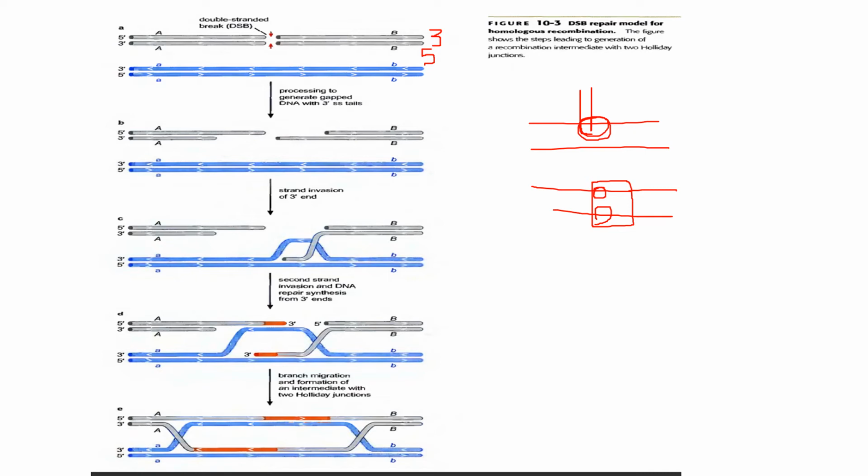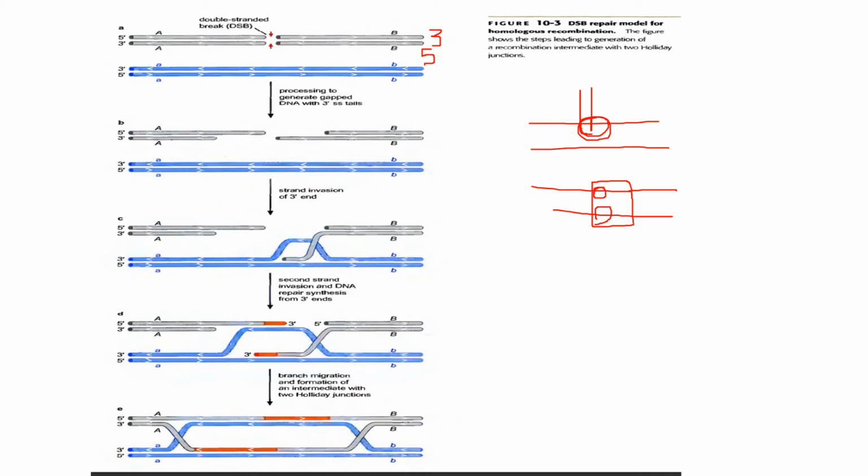The next step is that endonuclease will come into the picture, and it breaks these two strands. One by one the nucleotides are removed in both directions, from 5 prime to 3 prime as well as from 3 prime to 5 prime, and we call it processing of the DNA.